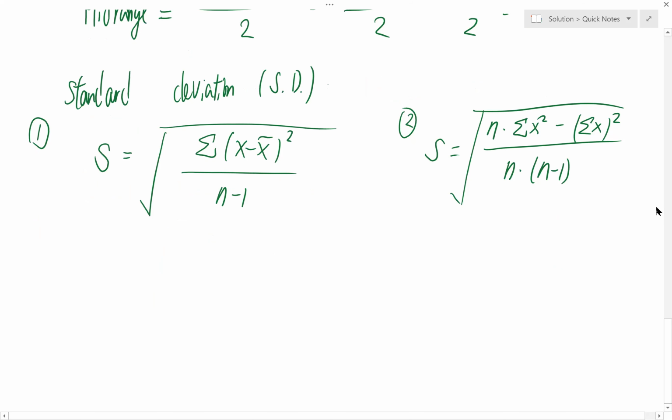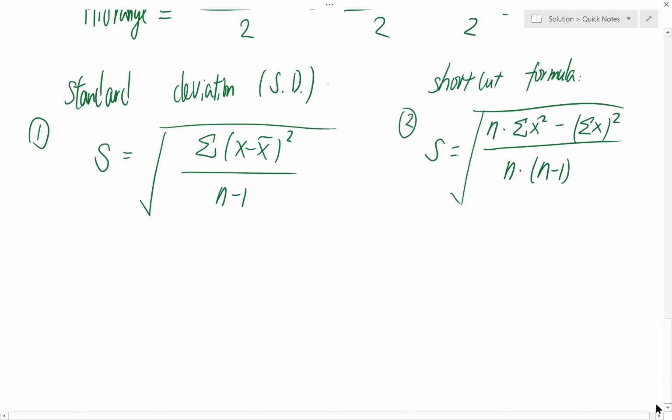This one is called the shortcut formula, meaning theoretically this method will help us find the standard deviation much quicker. I'll show you why. Although the formula looks slightly more complicated, it's actually the shortcut formula.